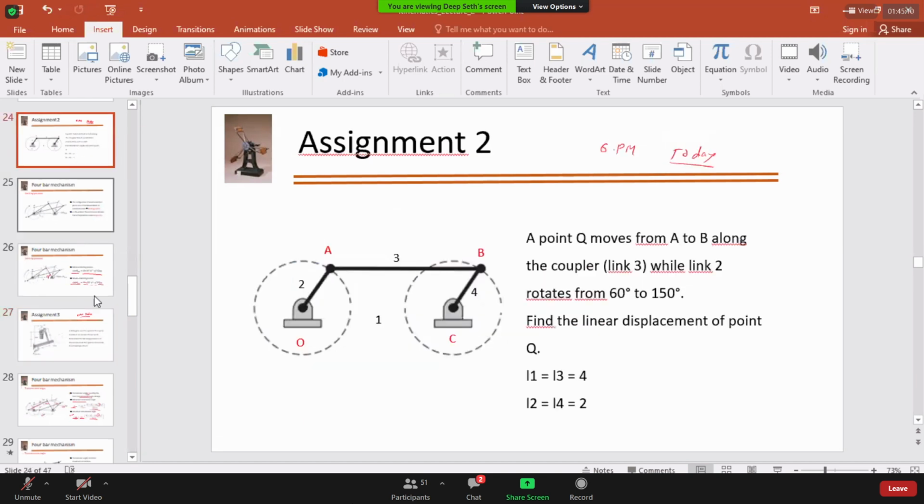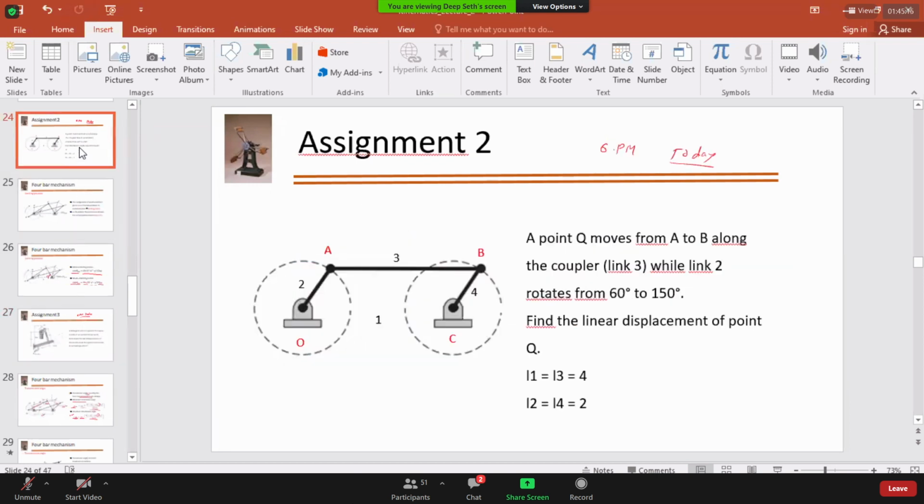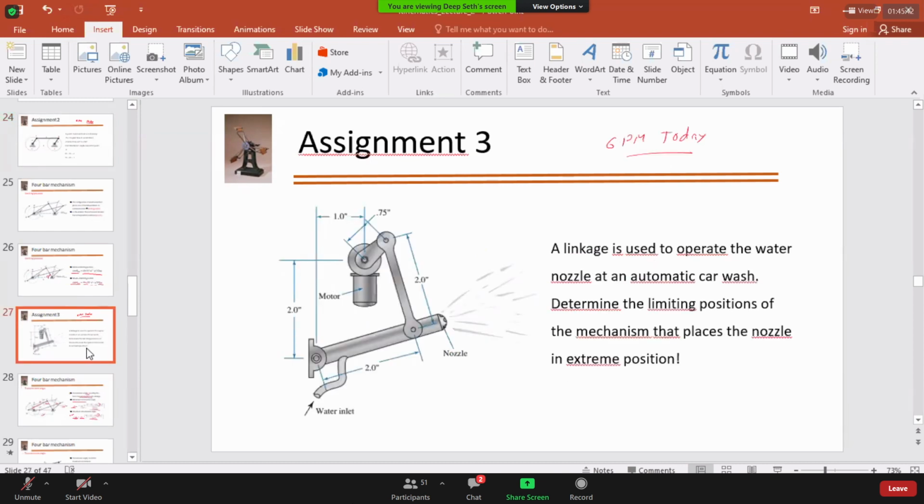Because they're very small, they just have to make the kinematic linkage and find the extreme positions. So I think it's very easy. Or do you think I should give more time for this? What do you think, students? 6 p.m. today, is it fine? No answer. If no answer, then it means it's fine. 6 p.m. today. Okay, then it's good.